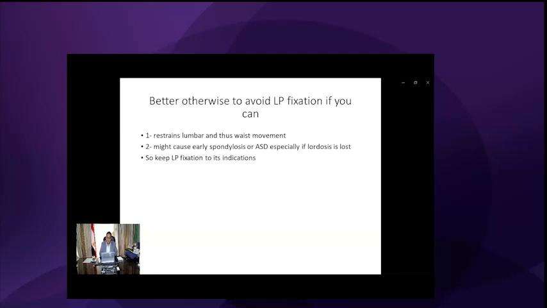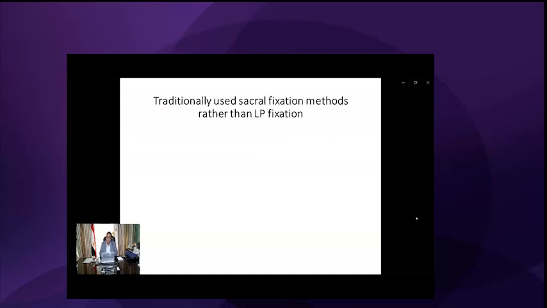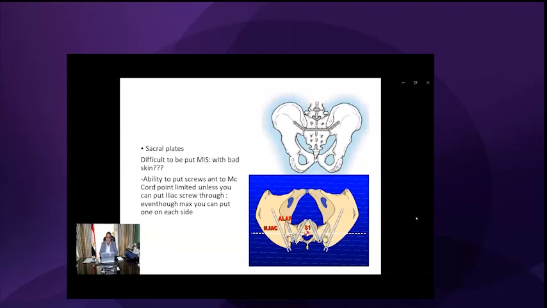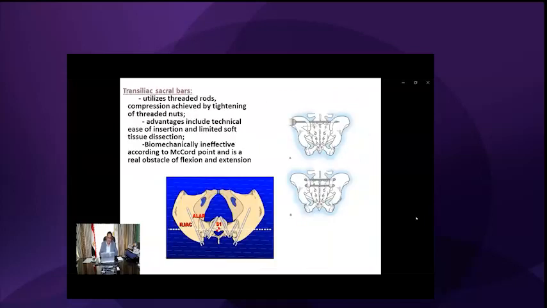And if you take the concept of the pivot point, the only screws that work well and pass through the plate are the ones around this area, around the posterior superior iliac spine, and those screws that can pass from the ilium in the direction of iliosacral screws, which is only one or two screws on each side, which is usually biomechanically not enough.